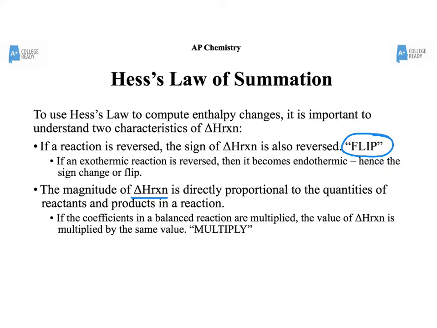If you have to double a reactant to get it to match the overall reaction, then the enthalpy needs to be doubled. So we just call that multiplying. Keep in mind that multiplying by a fraction works. I understand it's dividing, but let's just make it simple and always call it multiplying. So two possible choices, flip and multiply, and sometimes you might have to do both.